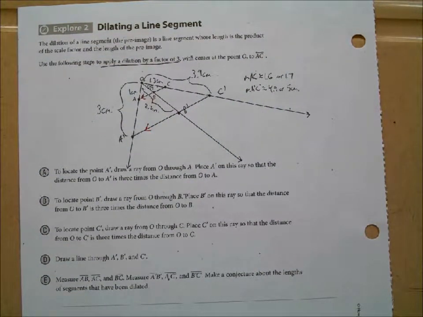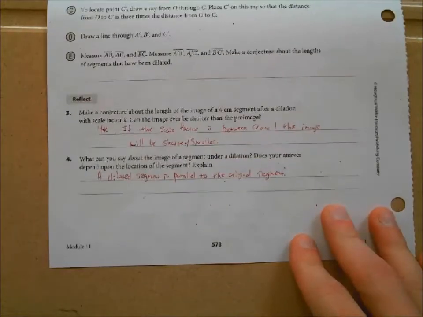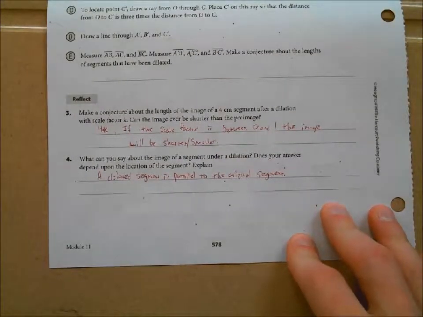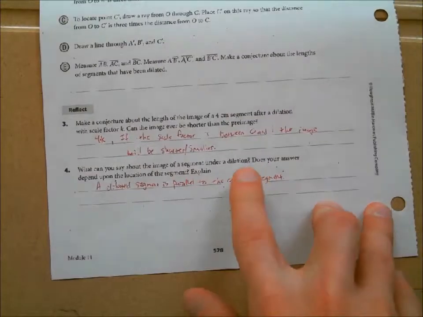And so if your center of dilation is on your object, or on your line, then in that case the two lines won't be parallel, because it'll be on top of one another still.